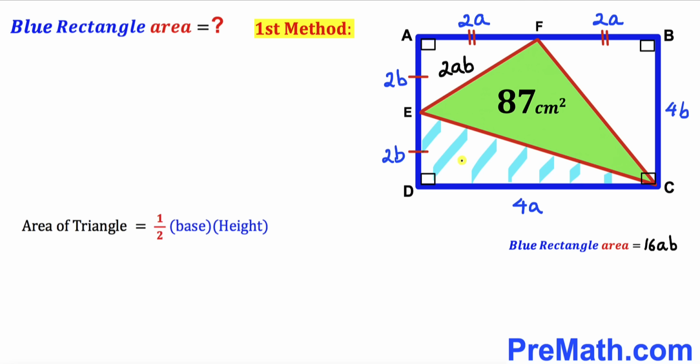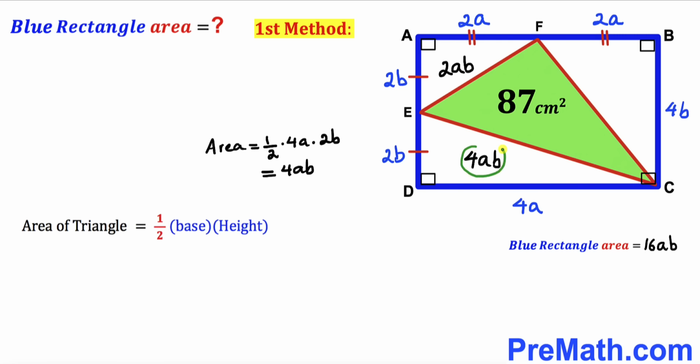And now we are going to focus on this other right triangle. Its base is 4 times A and the height is 2 times B. So the area of this triangle is going to be a half times 4 times A times 2 times B. And that is going to give us 4 times AB. So the area of this triangle turns out to be 4 times AB.